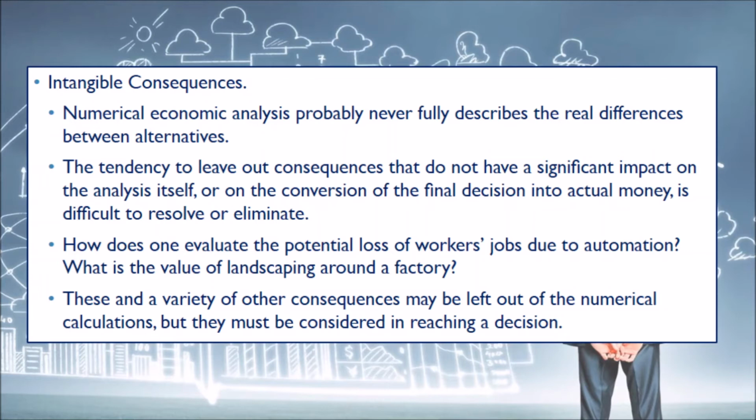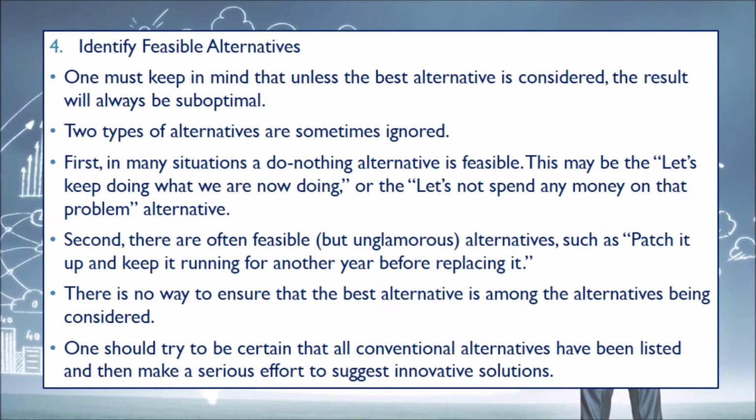How does one evaluate the potential loss of workers' jobs due to automation? What is the value of landscaping around a factory? This and a variety of other consequences may be left out of the numerical calculations, but they must be considered in reaching a decision.